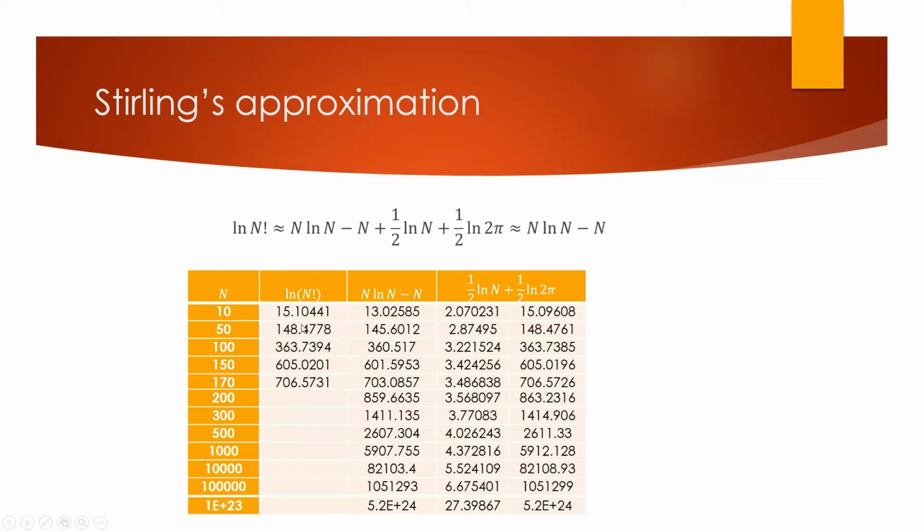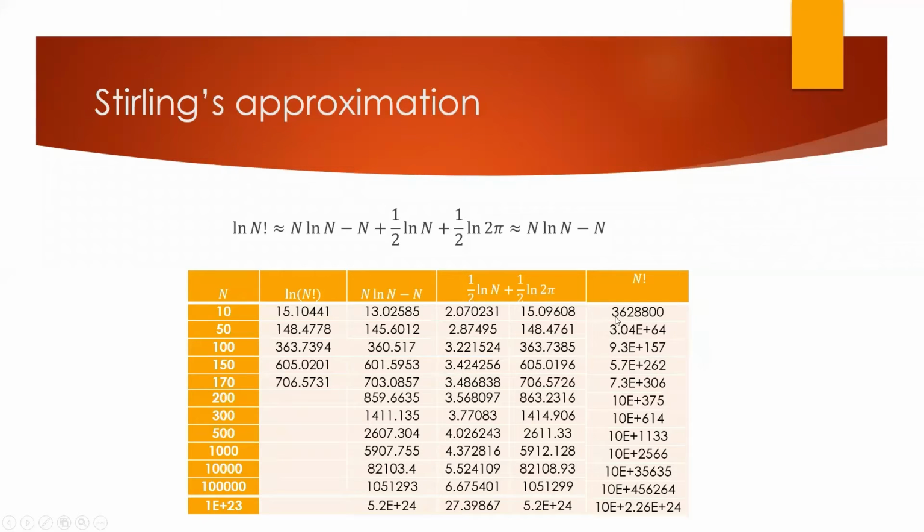For example, here, 10 factorial, we can raise e to the 15.10441, and that will get us what 10 factorial should be. And that would be 3,628,800.